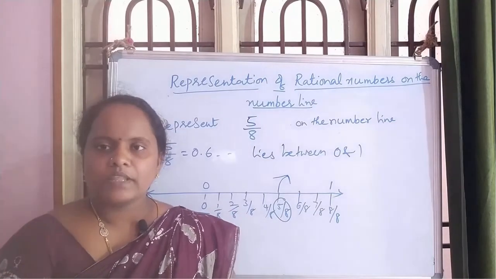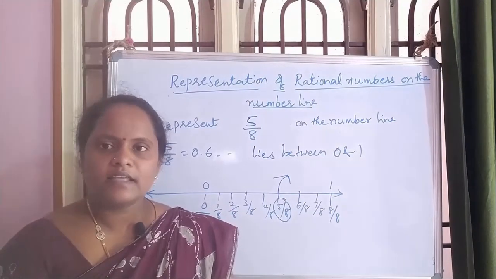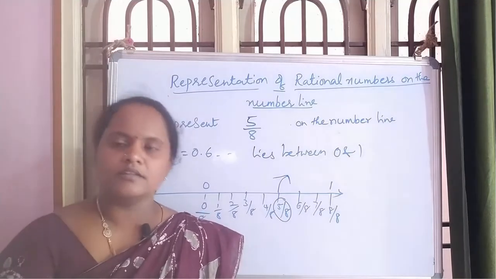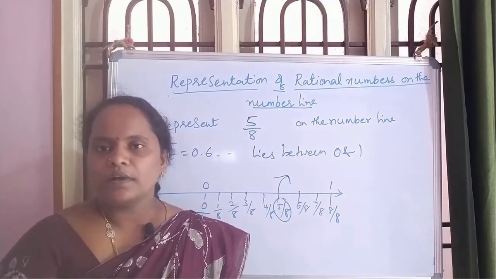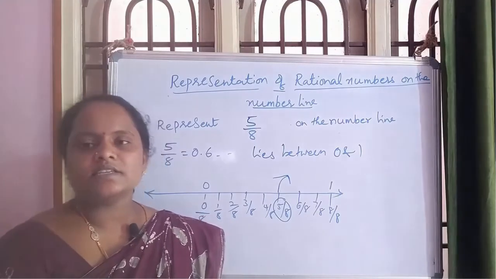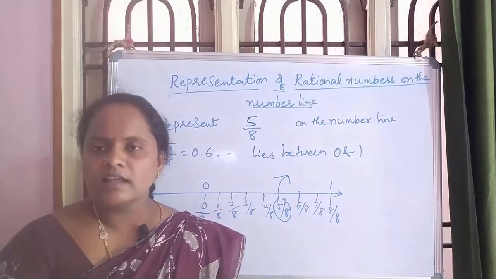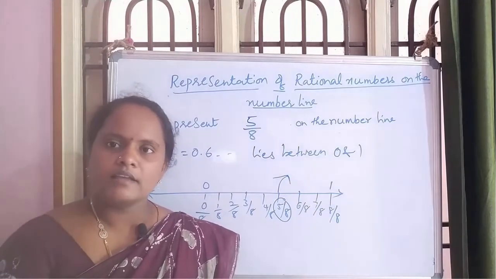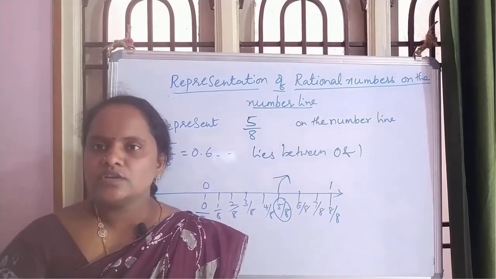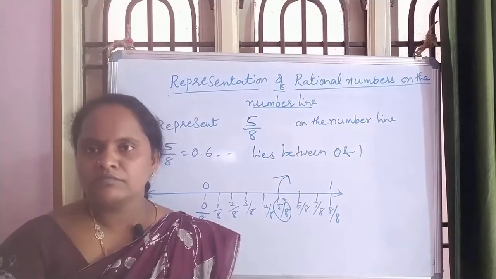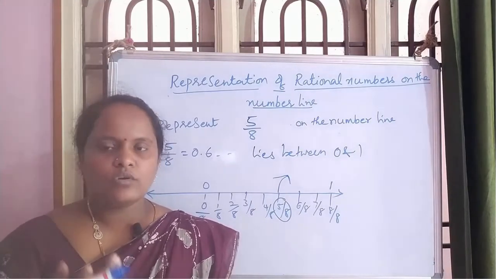So this property means we can say that there exist infinite rational numbers in between any two rational numbers. This is called the density property of rational numbers. It is not the same with integers. In between any two integers, that is 0 and 2, I have 1. In between 0 and 1, I don't have any integer.